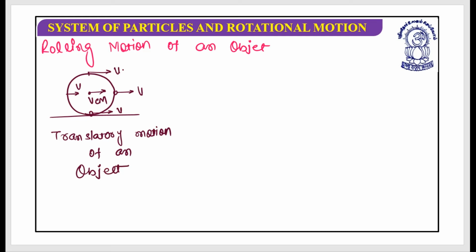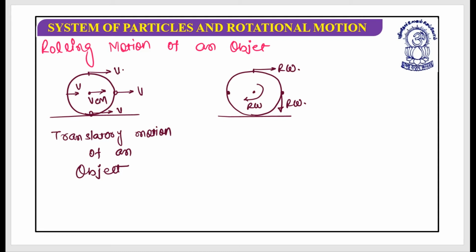Now let's suppose it is having a rotational motion as well, that here it is rotating with speed r omega. This particle is moving in this direction with a speed of r omega.